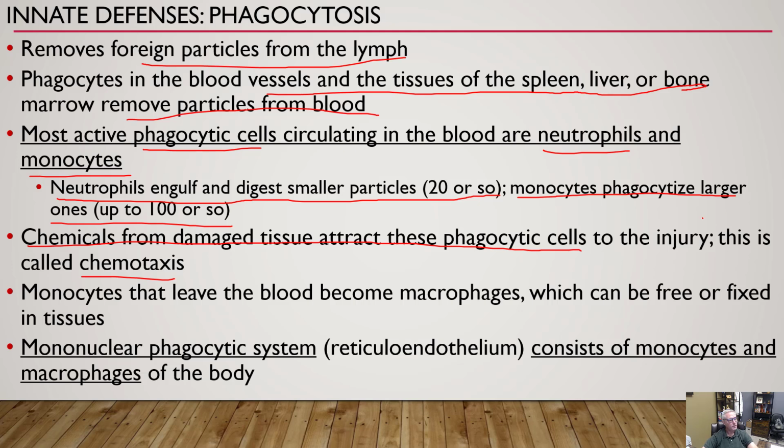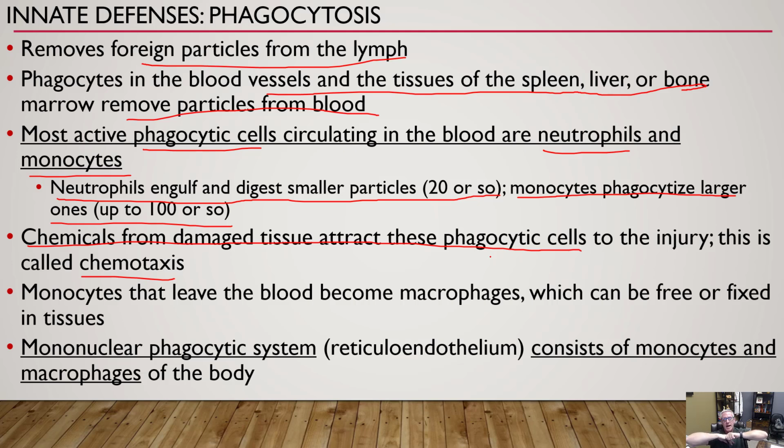But what happens with chemotaxis is that basically we tag these cells as injured cells, or we say, hey, we have a foreign body, phagocytes, we need you to come and eat up these cells, and we're going to tag these cells. And when we tag them, it's called opsonization.